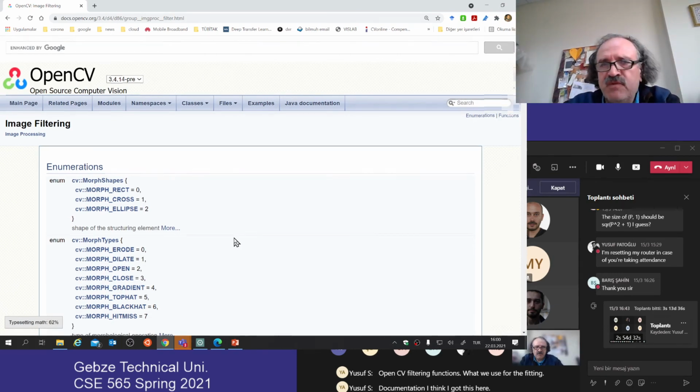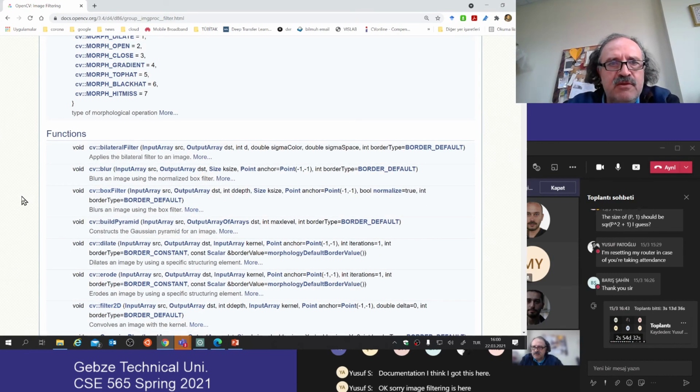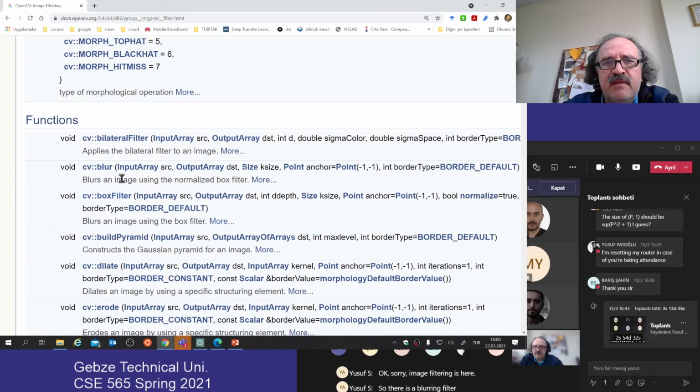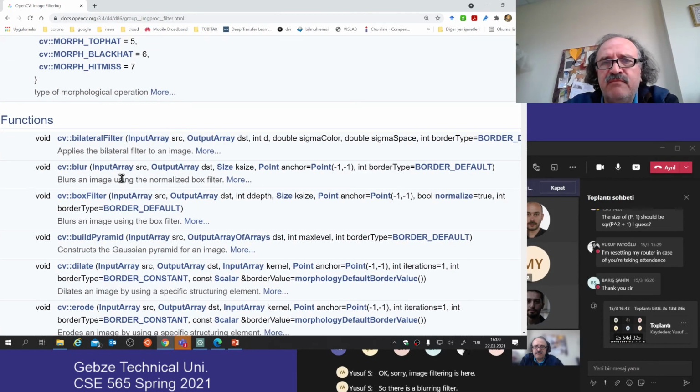Okay, so image filtering is here. There is a blurring filter, used for blurring images. You don't specify the filter for the blurring, it just chooses it automatically. And box filter is just an averaging filter.